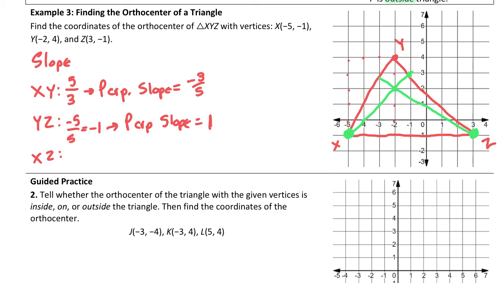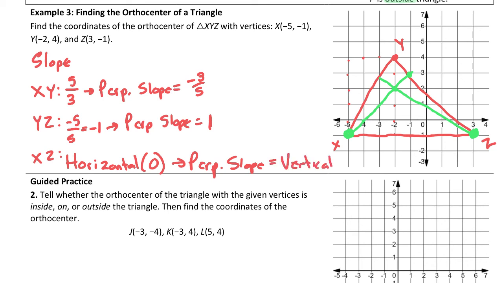But I still want to get the slope of XZ. XZ is horizontal, 0 slope. So perpendicular to horizontal is vertical.